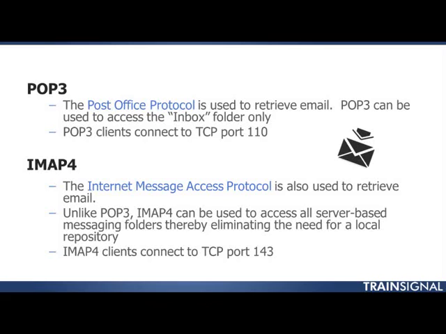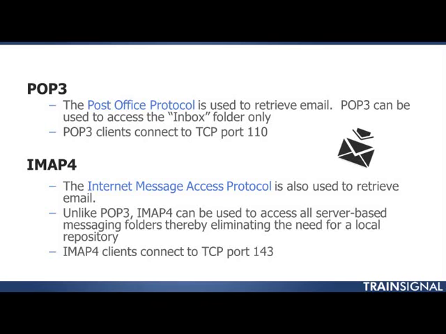The one other piece of information about IMAP 4 is that it's TCP port 143. Okay, so POP3 is 110, IMAP 4 is 143. I will tell you that you may have seen POP3 or IMAP 4 setups where you don't use port 110 or 143.